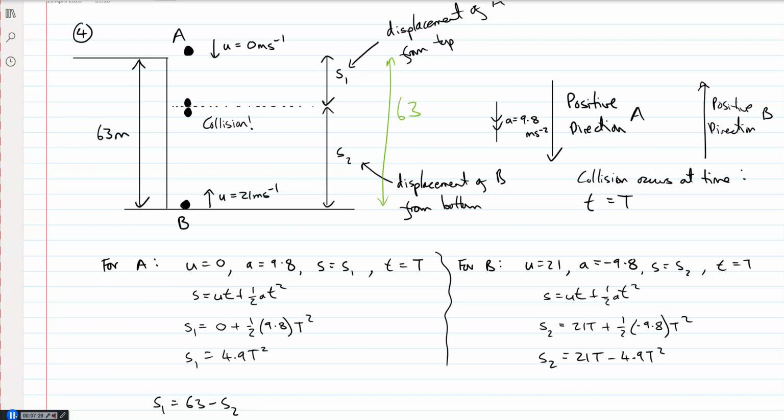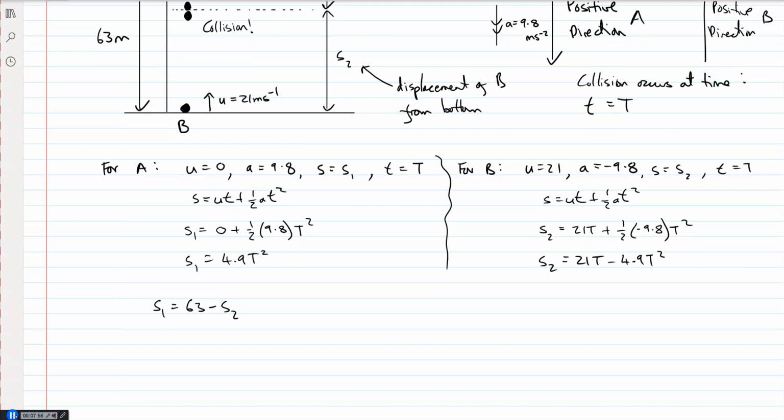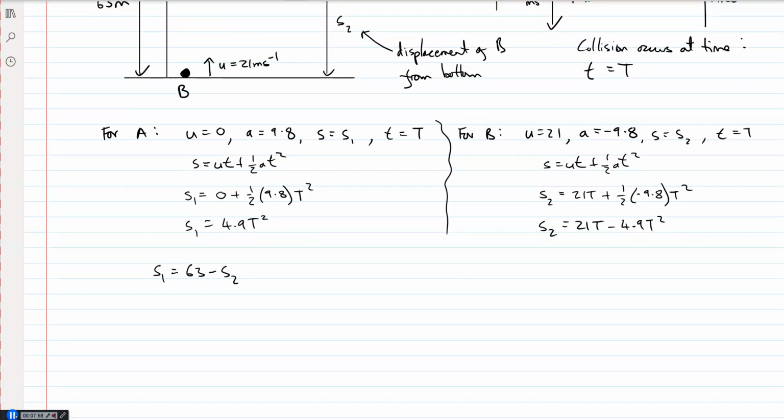So S1, this distance here, will be 63, the full distance, minus the value of S2, because S2 is this bit. So the full 63 minus S2 will give us S1. And that means we can eliminate one of our variables, and then we can solve this simultaneously. So S1 is 63 minus S2.